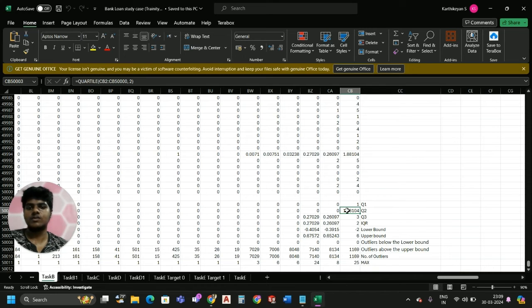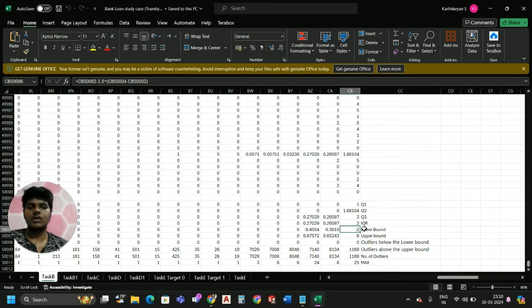Similarly for quartile 2, this is the formula. For quartile 3, this one is the formula. To know the IQR, we subtract Q1 from Q3: Q3 minus Q1 gives the IQR.